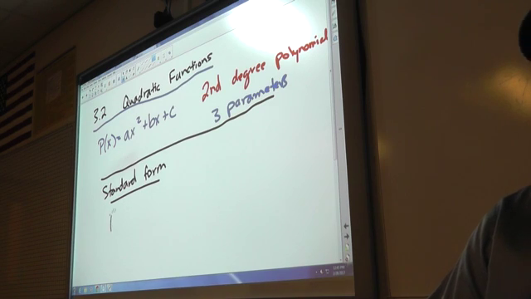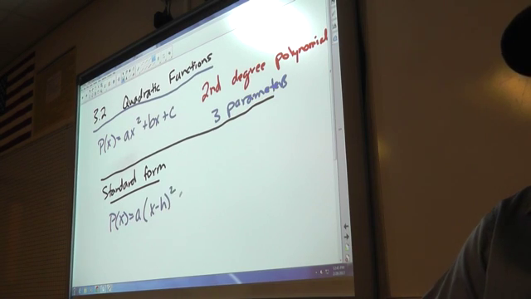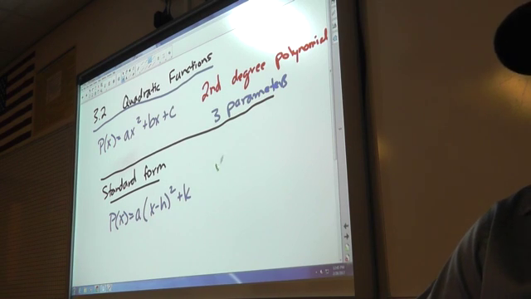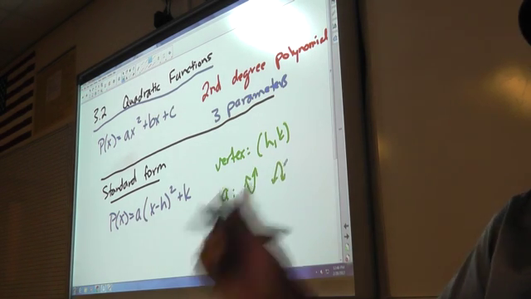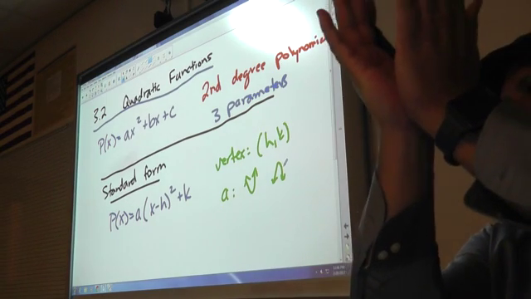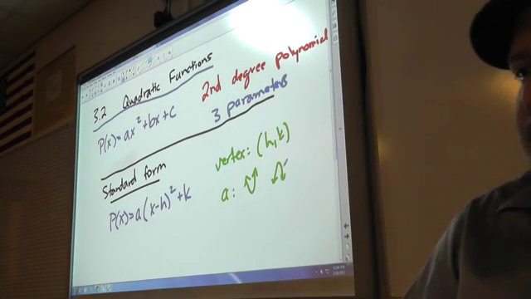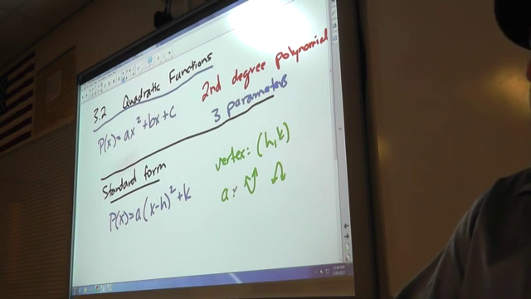So this is saying the vertex is (h, k). Notice that it's the opposite. The h here is opposite. And a tells you the shape. It tells you if it's open up or down and how much it opens up or down. It could be really skinny or it could be really flat. Now you just need 2 things.